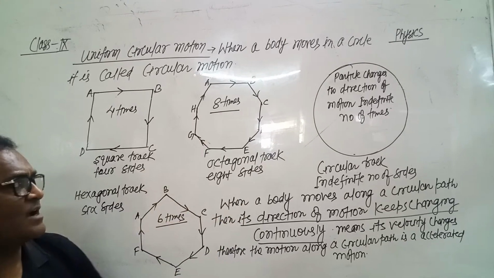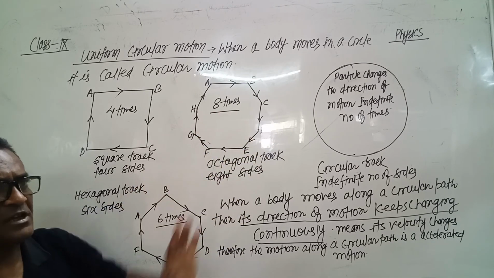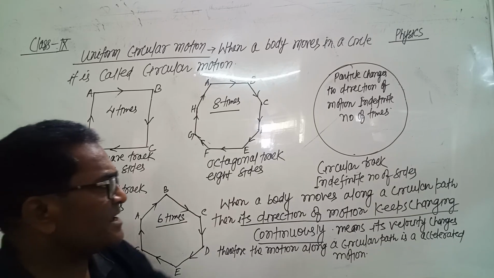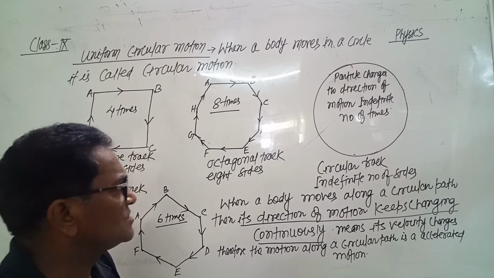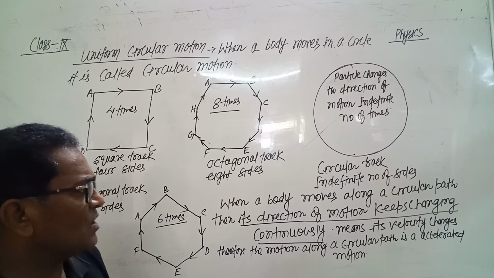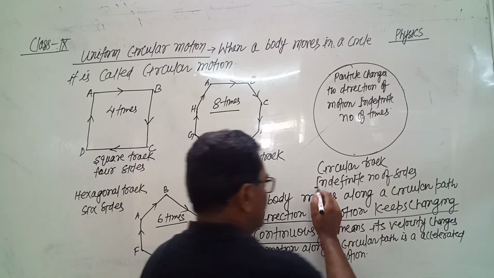If it is an octagonal track, the direction of motion changes 8 times. And if there is a circular track, it means an indefinite number of sides.